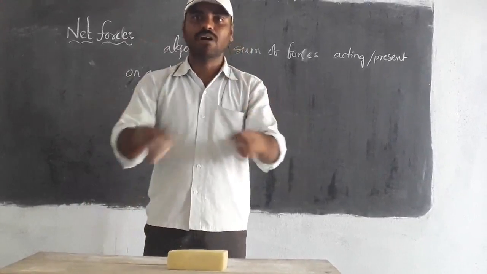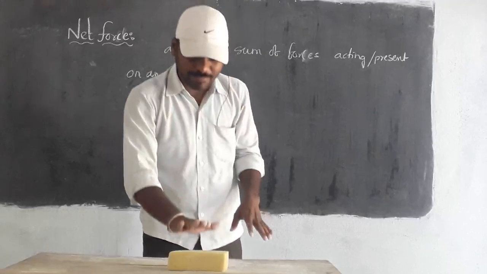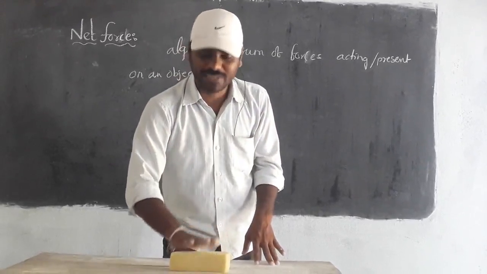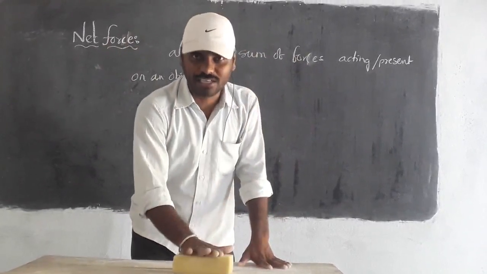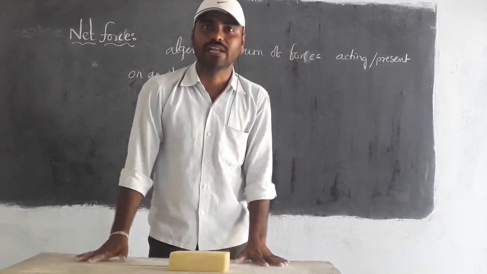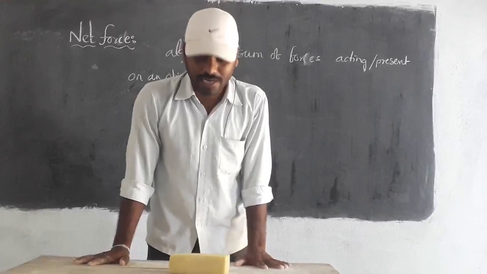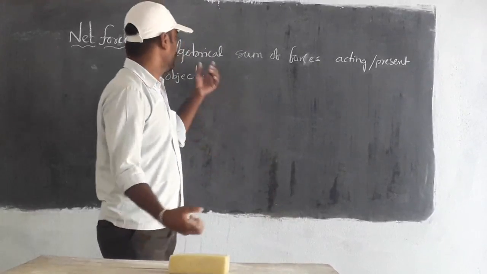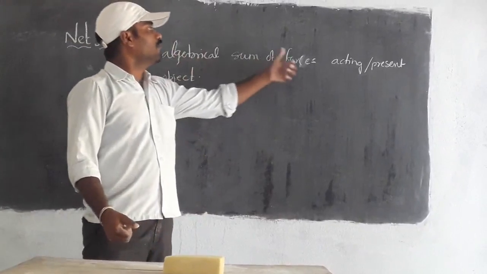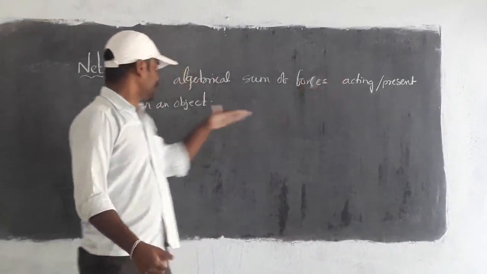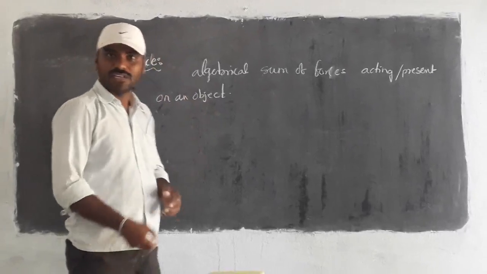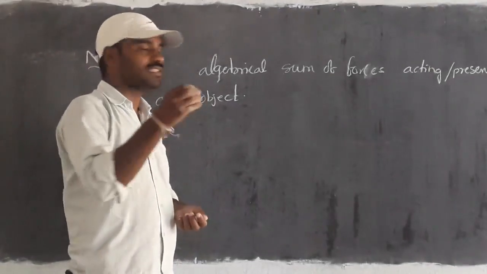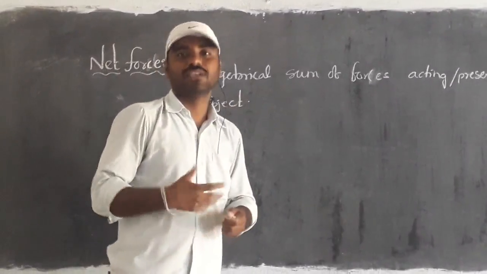The sum of all forces present on the object, here the duster, we call the net force. Here we have written the same thing: the algebraic sum of forces acting on an object is called the net force. Right? So this is the definition of net force.